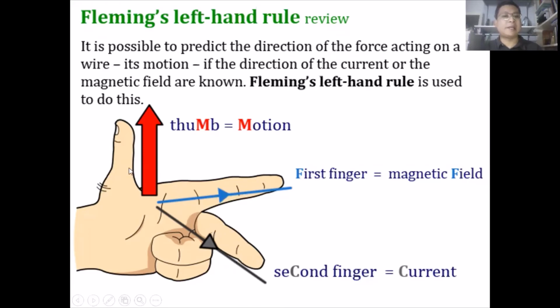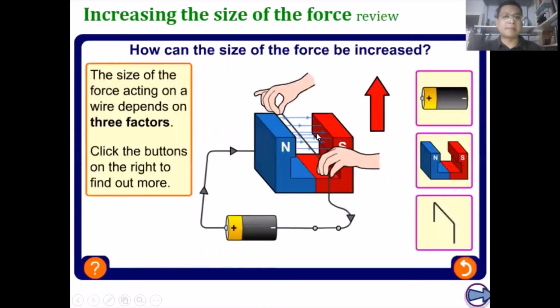So we will create the force. The force will push or attract, depending on the other current condition. Okay, we will see later how the force acts, and then we can calculate the force from the figure here, by using the formula.